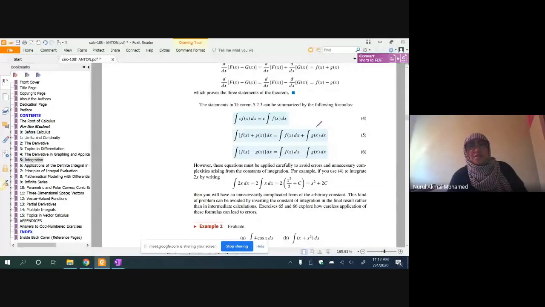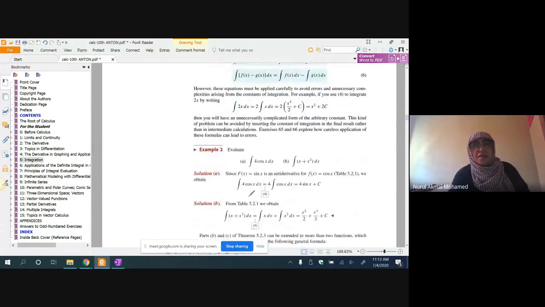It's the same for the subtraction of f and g. You can always segregate so that it is integration of f minus integration of g. But it doesn't work if we have a multiplication or a division. It only works for plus and minus.